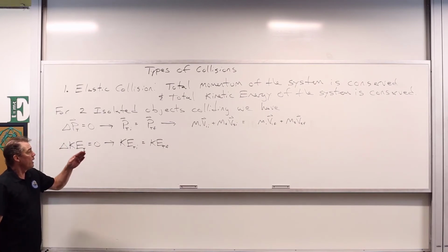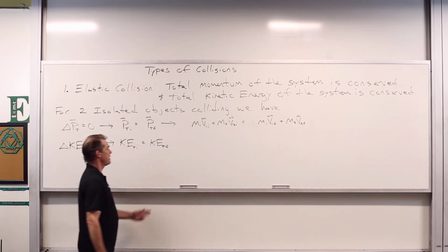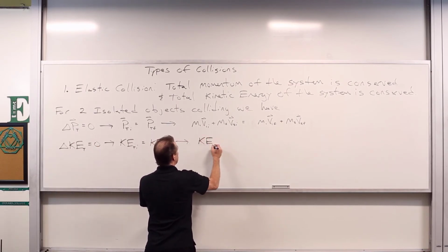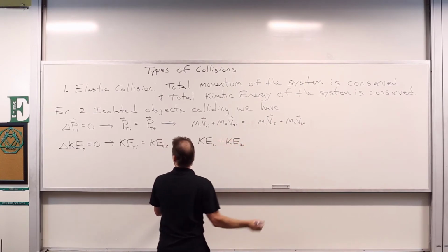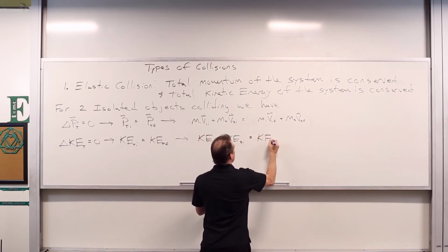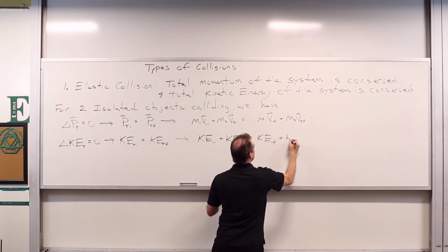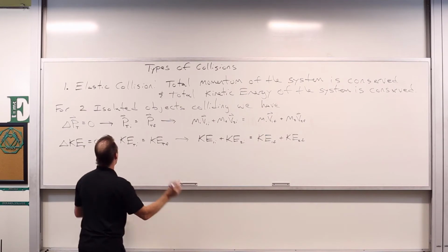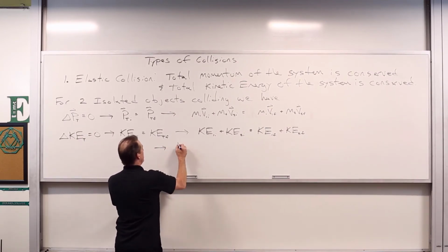Well, the total initial kinetic energy is the sum of the individual initial kinetic energies, which will be equal to KE1 initial plus KE2 initial, which is then equal to KE1 final plus KE2 final, which we could expand out into looking rather large, but that's okay.